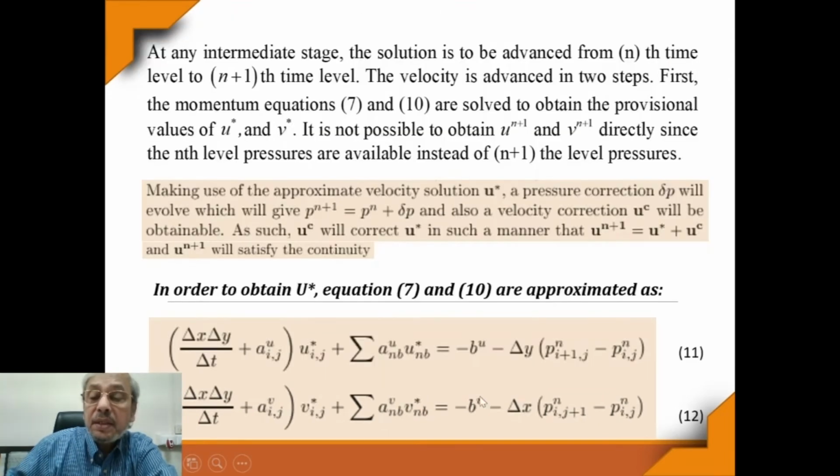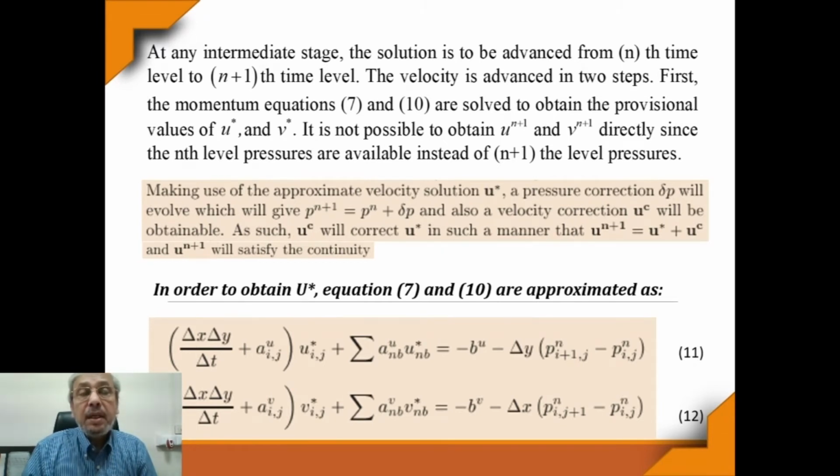And what is the approximation? We write pressure at nth level. If we write pressure at nth level, then we can do the calculation, but these u and v velocities will not be exactly n plus 1th level.